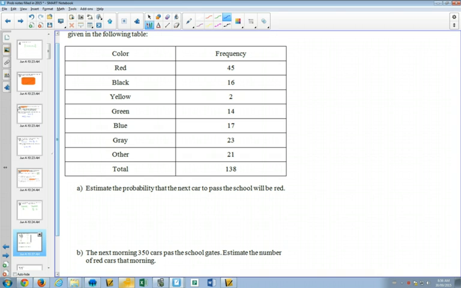So based on the experiment, we would estimate that it would be 45 out of the 138. This, of course, can reduce if we wanted to, 15 out of 46. Yes?